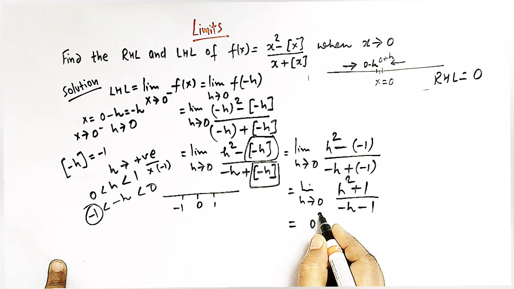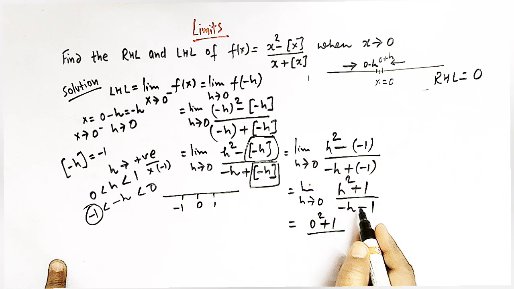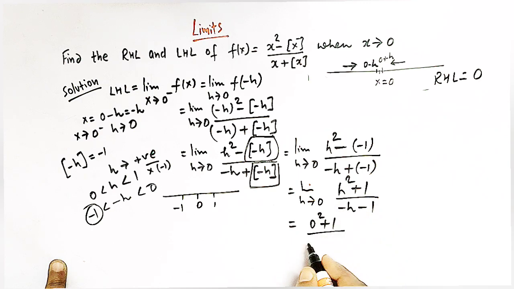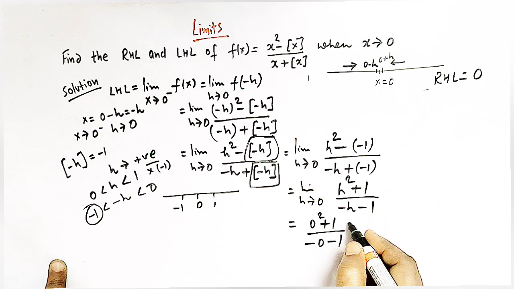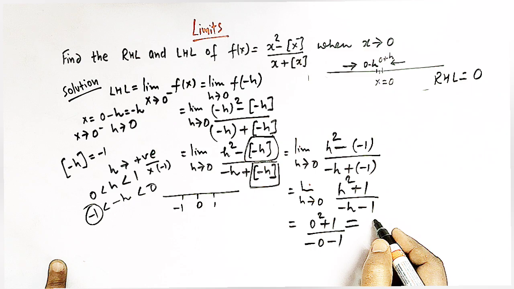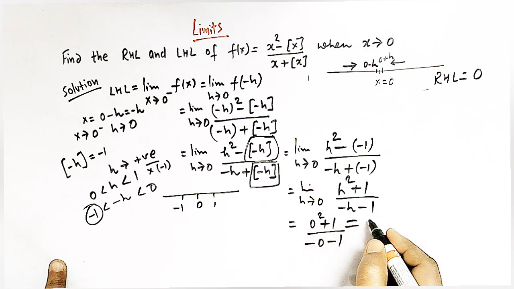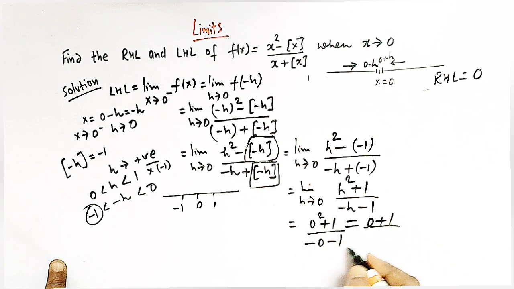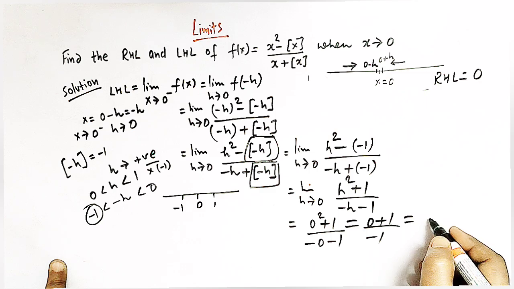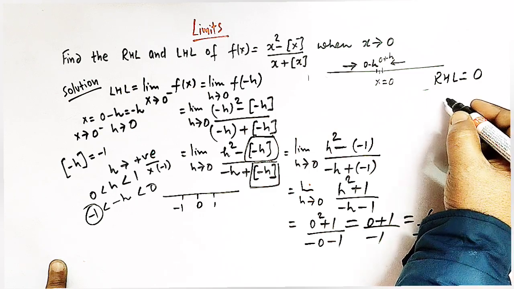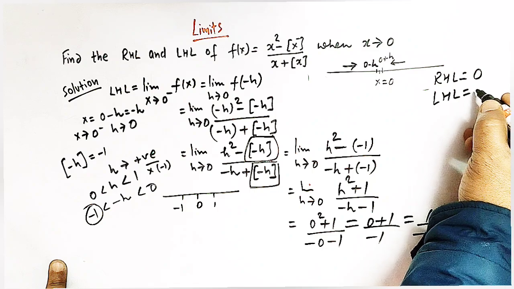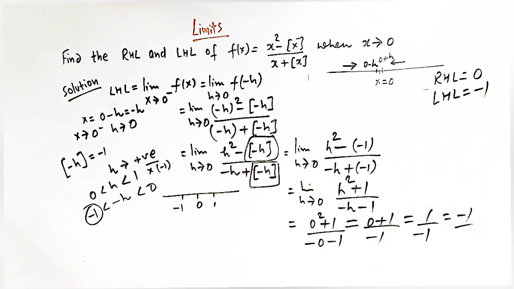So here we have 0 square plus 1, and here we have minus 0, and here we have minus 1. So this is simply 1. 0 square is 0 plus 1. This is simply minus 1. So this is 1 over minus 1, that is minus 1. So the left hand limit is equal to minus 1.